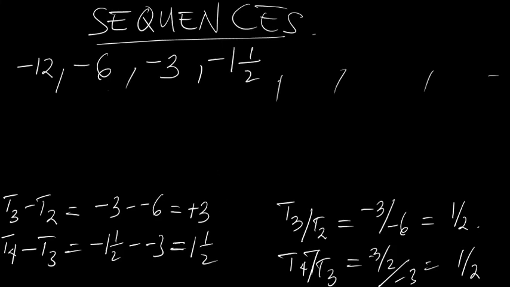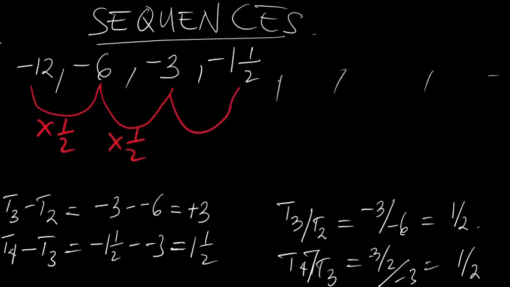So now from this expression, for you to get from the first term to this, you're multiplying minus 12 by half. For you to get from here to here, you're multiplying again minus 6 with half. For you to get this next one, you're multiplying minus 3 with half. So now this expression is minus 3 over 2.